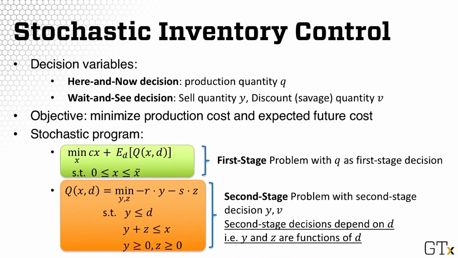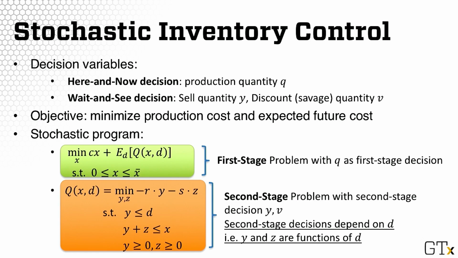All right, here again is our stochastic inventory control problem. The problem's key structure is the two-stage decision structure. This is to model the situation where the production quantity, the so-called here-and-now decision, has to be made before uncertainty is realized, so it has to be made under uncertainty.